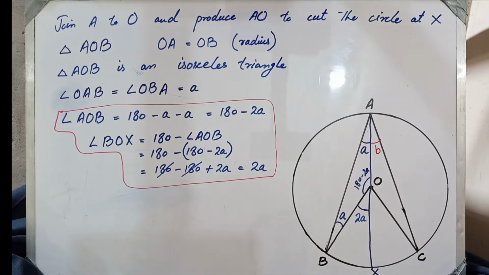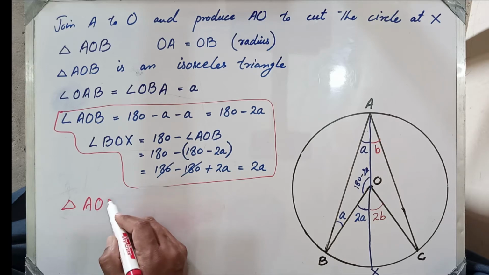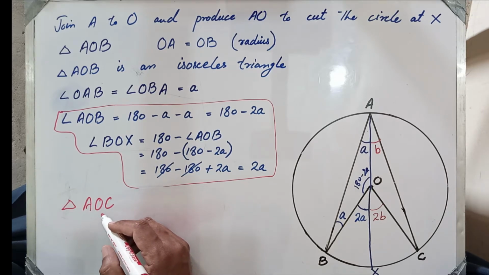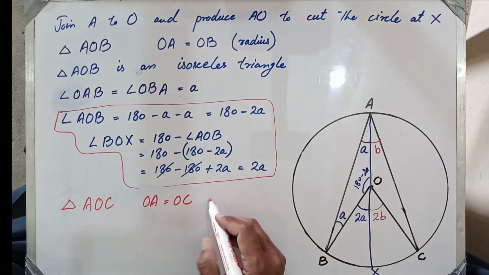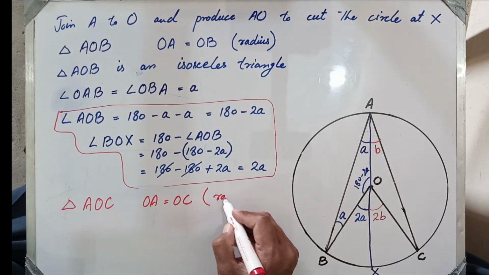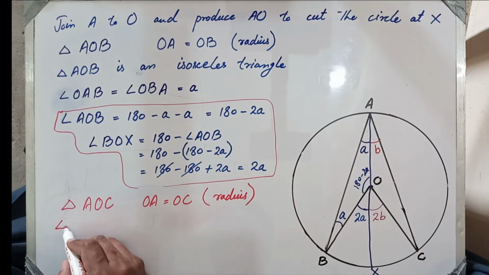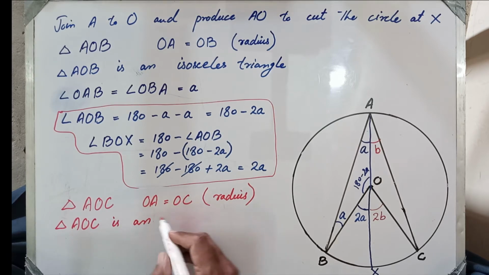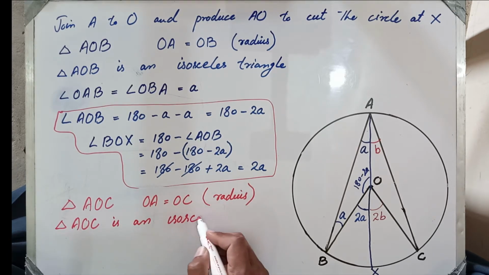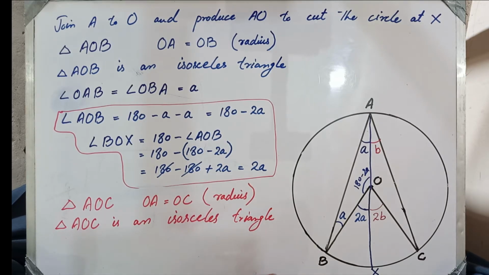Now similarly, in triangle AOC, you are looking at OA and OC, both are the same side because of radius. So triangle AOC is an isosceles triangle.